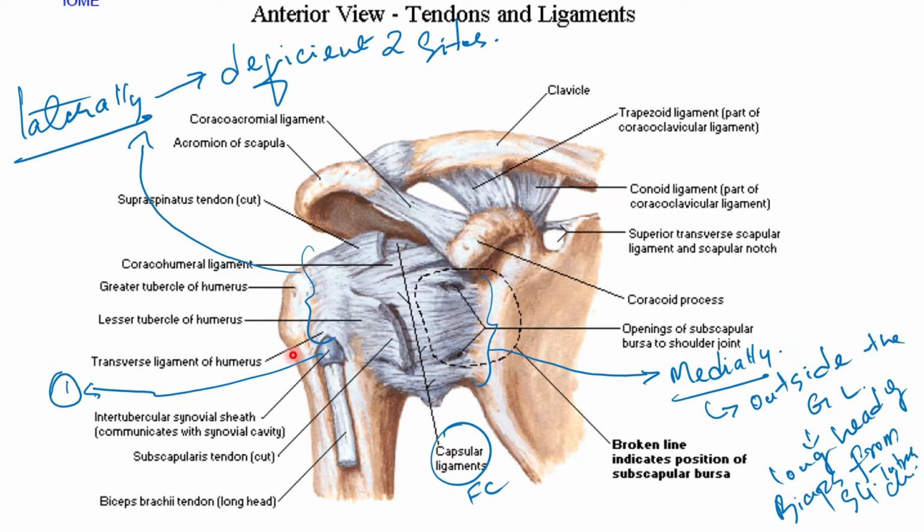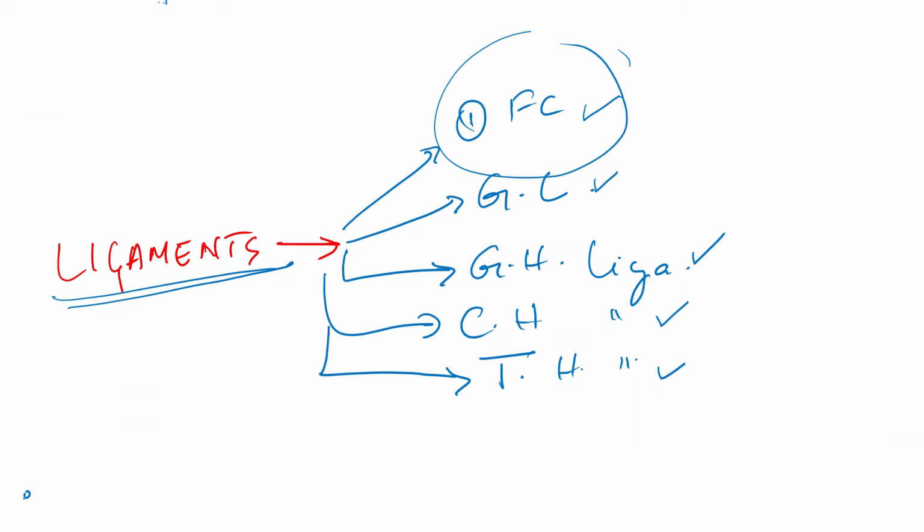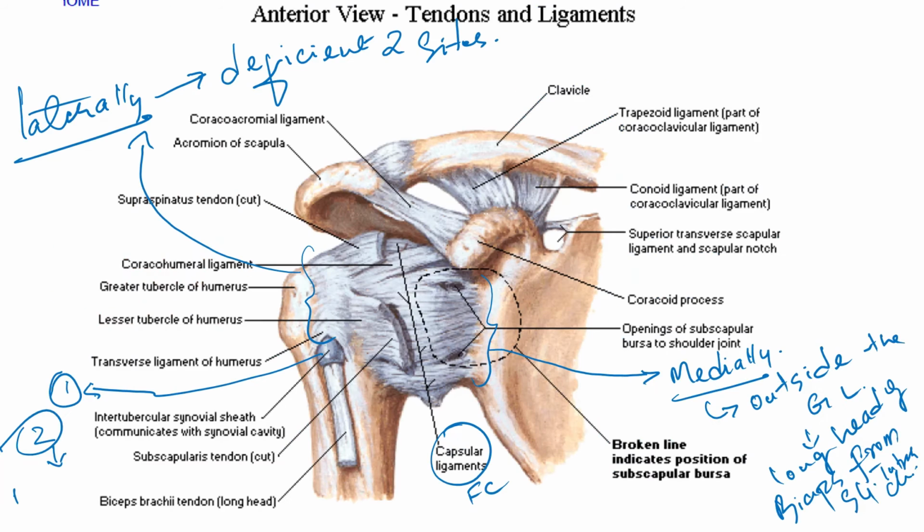The second deficient site is the inferomedial part of the anatomical neck, where the fibrous capsule descends about 1 centimeter down to reach the surgical neck of the humerus.